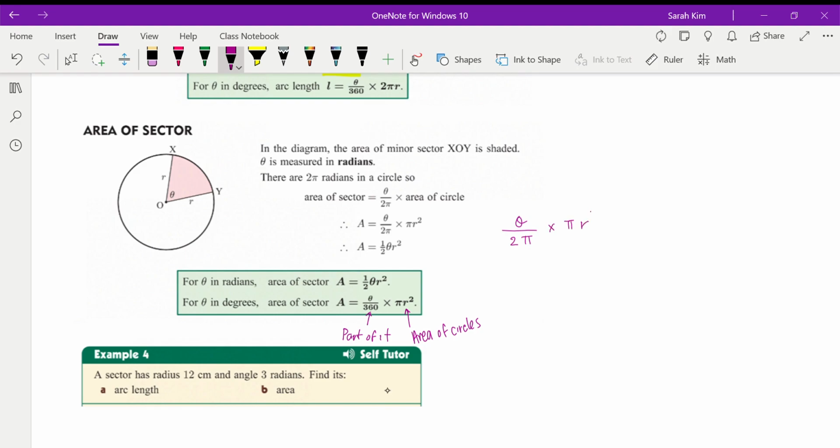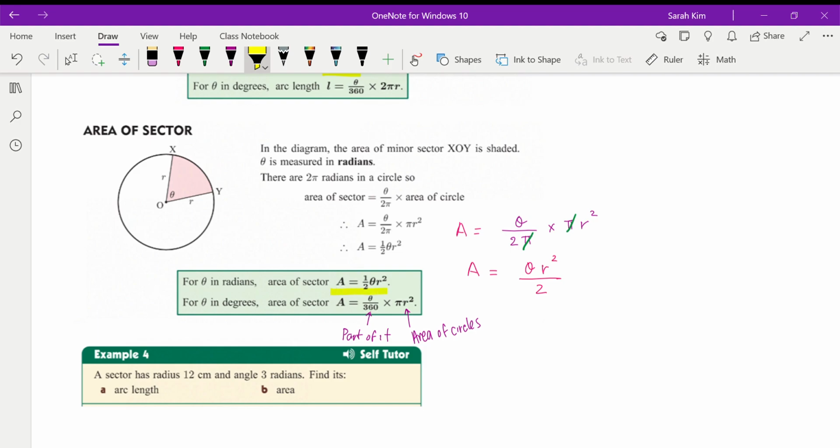Alright, let's see if I can simplify this any further. I can cancel out the pi's, so I should write A for area. So I get A equals theta r squared divided by 2, which is exactly the same as how they got that area. I'm just demonstrating how they got simplified down and got the area of a sector.